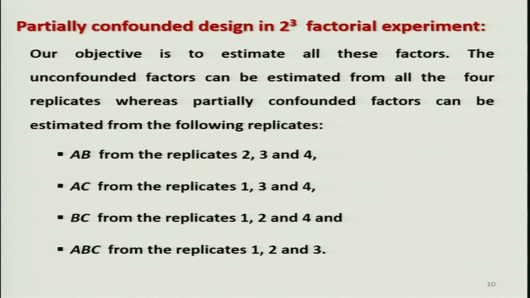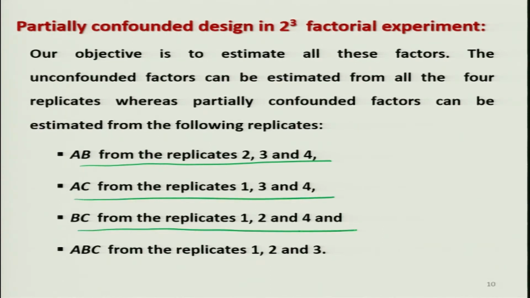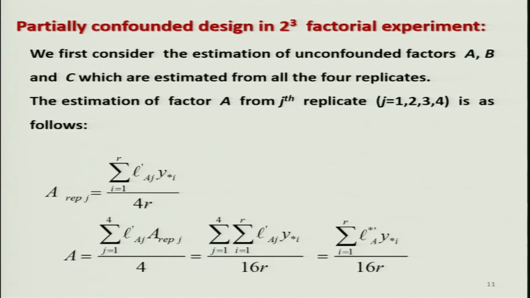So, AB is going to be estimated from replicates 2, 3, 4, AC from replicates 1, 3, 4, BC from replicates 1, 2 and 4 and ABC from replicates 1, 2 and 3.